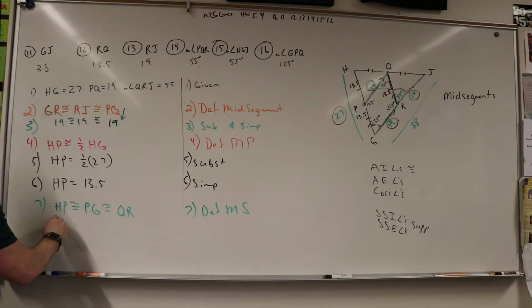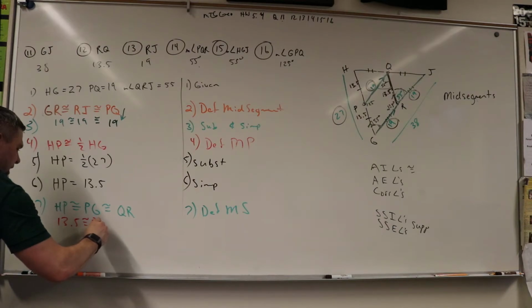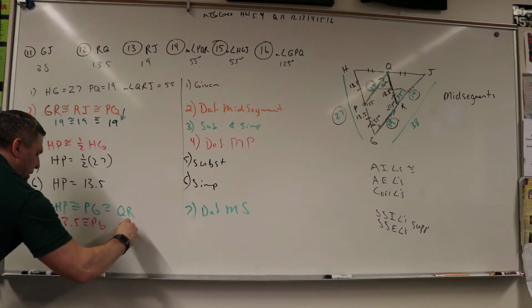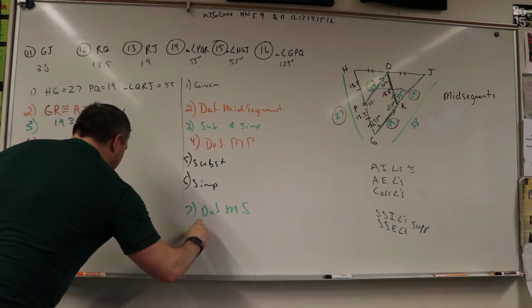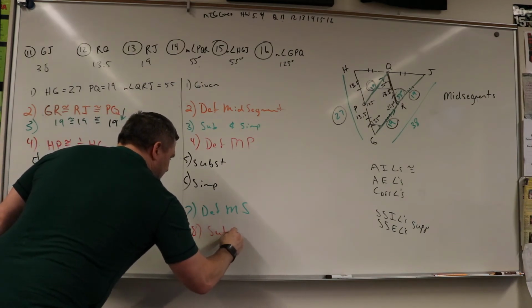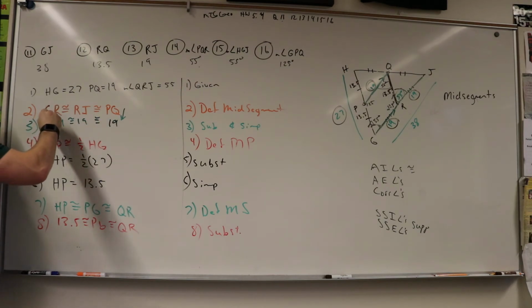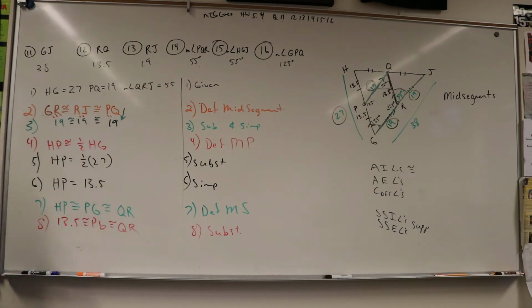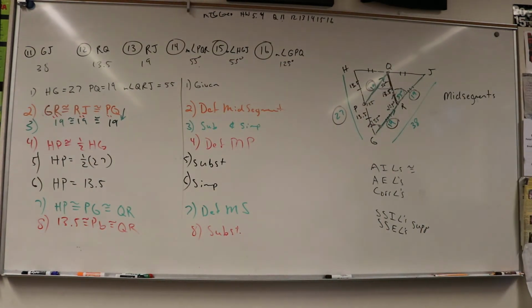So that's 13.5 is congruent to PG and QR. Okay? Which is substitution. Okay? In fact, we don't even need boom, boom, boom. Okay. And that's it for that two-column proof. Okay? And that gets us through half of it, and then we'll do one for the angles.